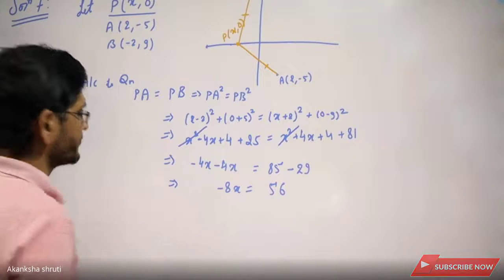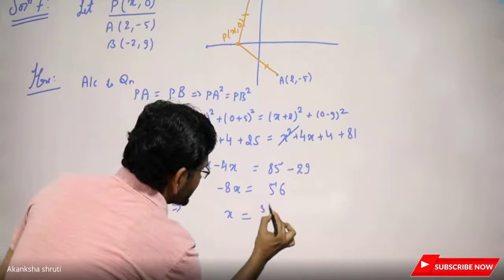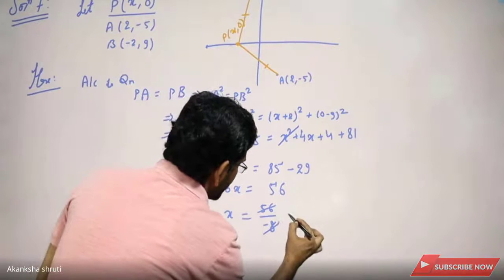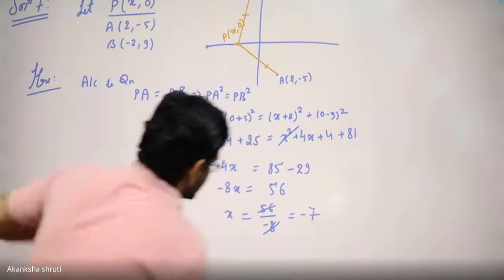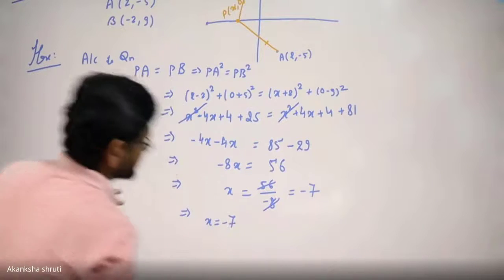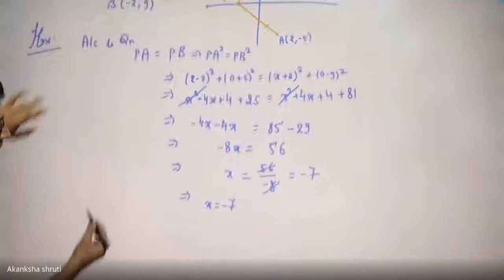Students, find this x. x is 56 by minus 8. So 8 sevens are 56. It is minus 7. This implies x is equal to minus 7. But what is required? This coordinate.